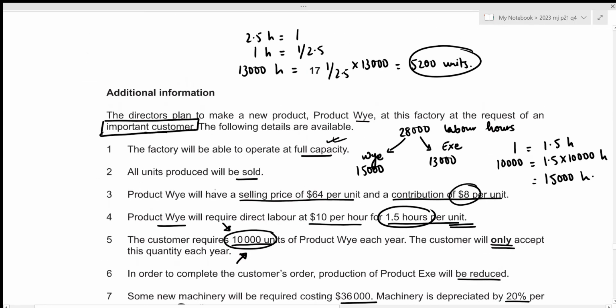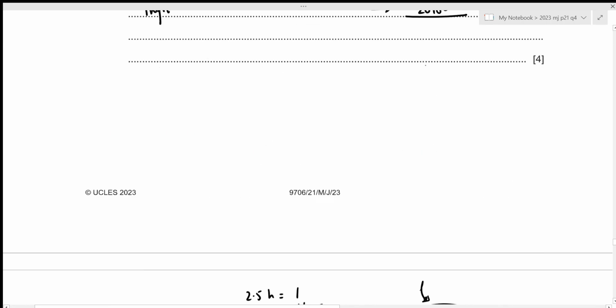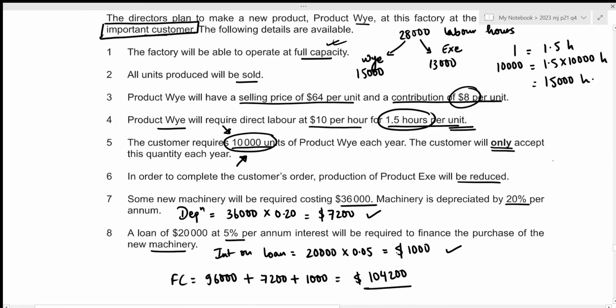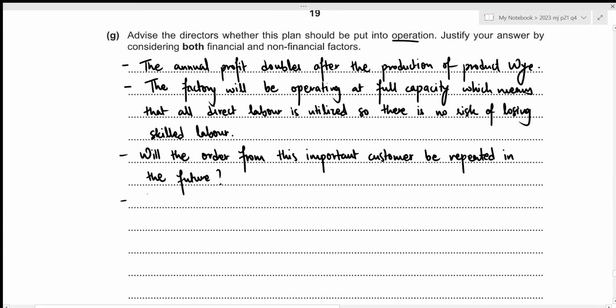The second thing that we can write down is the reduction in the number of units of product X, because now we'll be producing 5,200 units, but previously we had been producing 8,960 units. So will there be any customer reduction due to the reduction in number of units for our original product? We can write that down as well.